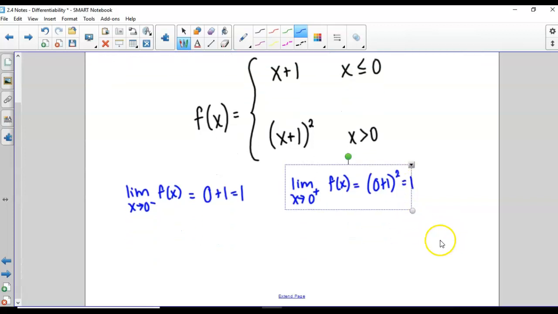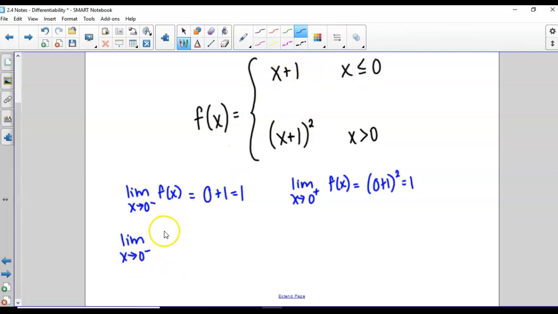And so this one is continuous, so we can proceed with checking differentiability. So what we would have to do is we would do the limit as x approaches 0 from the left. And so if we're doing the limit as x approaches 0 from the left, we're using that top function.